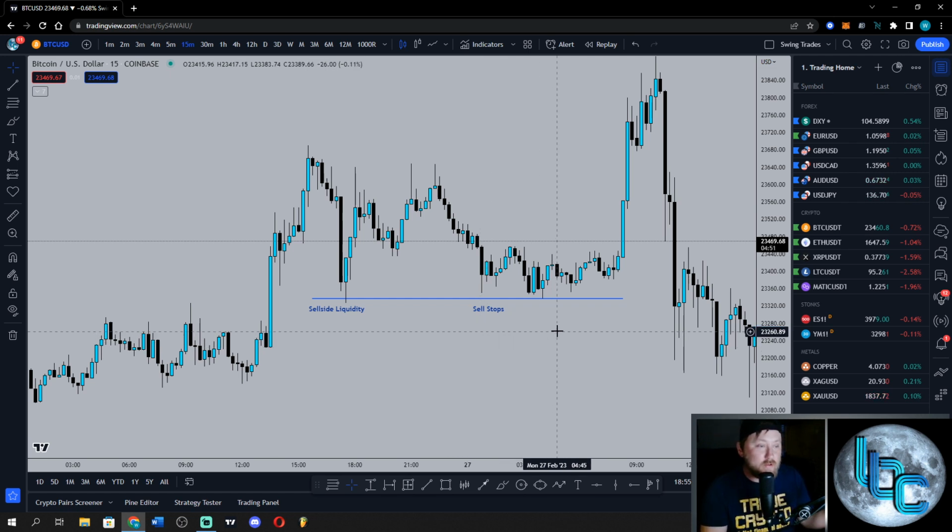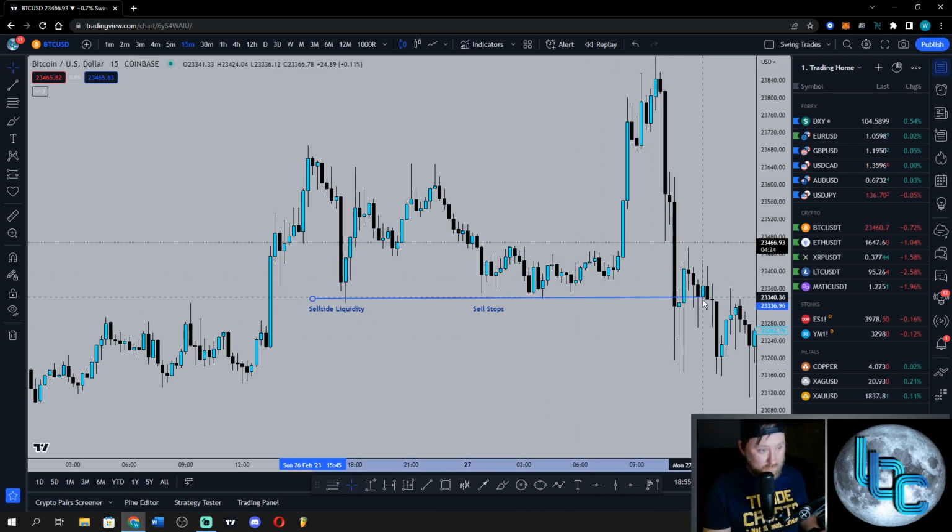Because if you're thinking like I used to think, you'd wonder why there are short stop losses below at support. But that's not what it is. What sell stops means is that people that are long from here have stop losses, right?